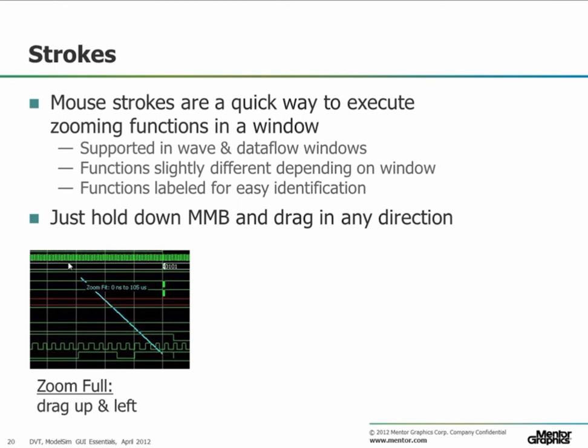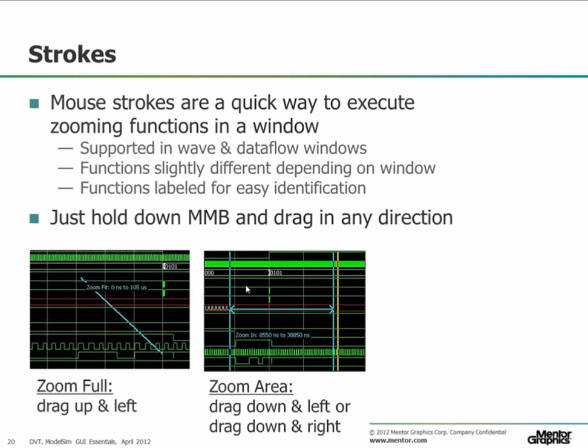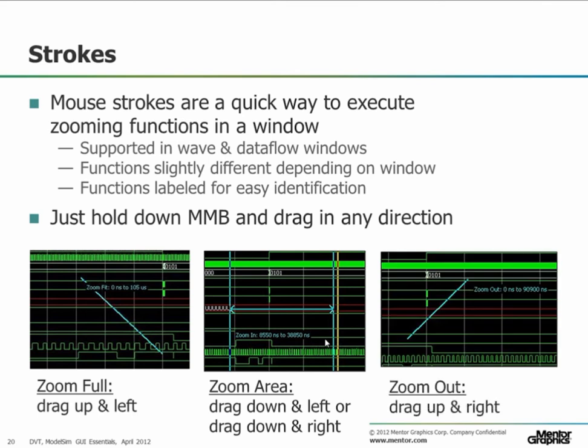So middle mouse button here will zoom out to the full wave window. The opposite is true for zooming in. I can pick an area that I want to zoom over and start at the top here, middle mouse button, and drag down. And when I let go, that will zoom over that area that I happen to be in.